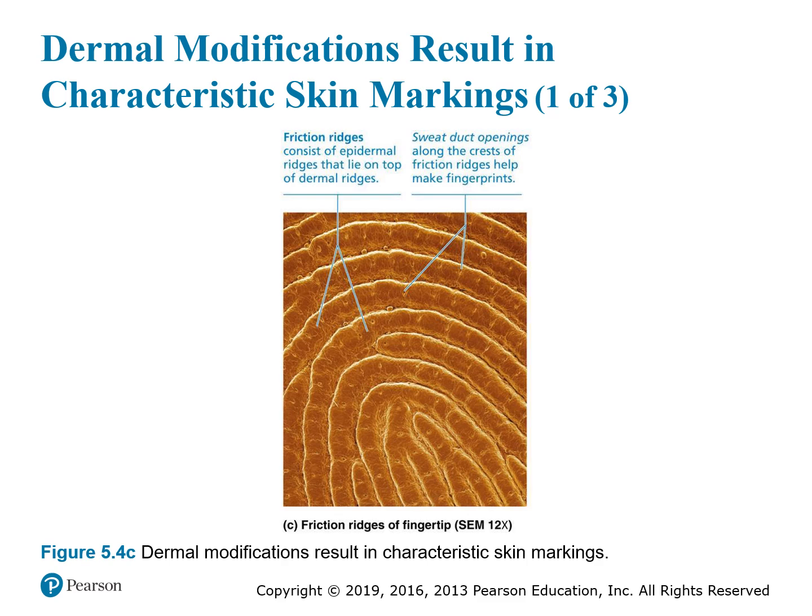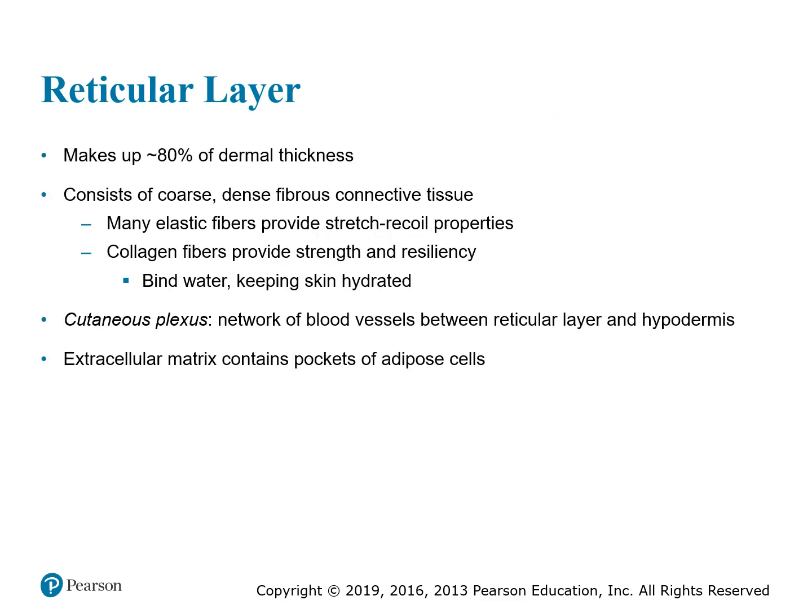So moving deeper into that reticular layer, this is 80% of the dermal thickness and is going to be composed of a denser connective tissue. So the job here is going to be to reduce stress recoil, to resist mechanical forces, and then bind water, essentially keeping this layer of the skin hydrated with these collagenous fibers.